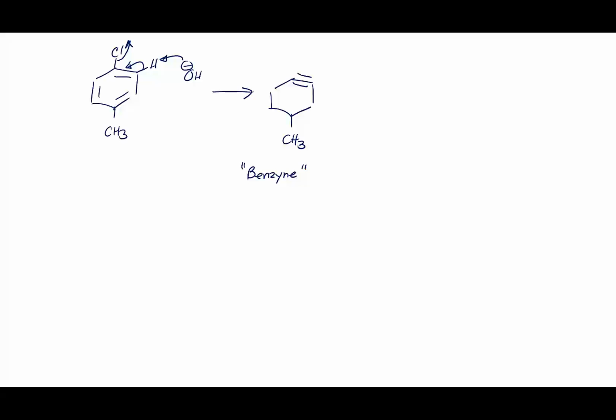Are they linear in this case? No. So normally we would have a triple bond that's linear, but in this case, it's not. So that's the issue that it has. So it would be really difficult to observe this. I think people accept that this is the mechanism. The reason they accept it is because the experiment showed that you get 50-50 para-meta addition.